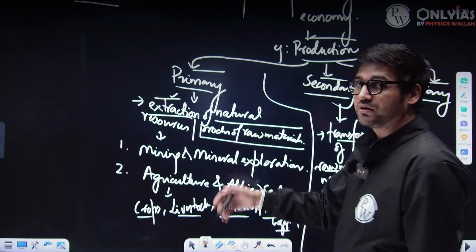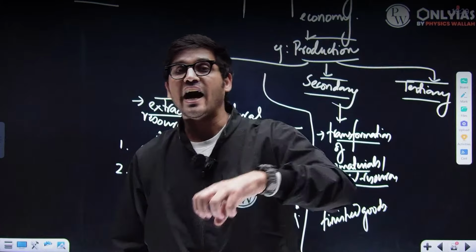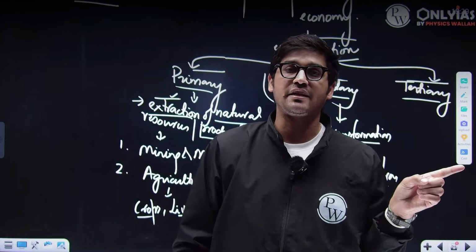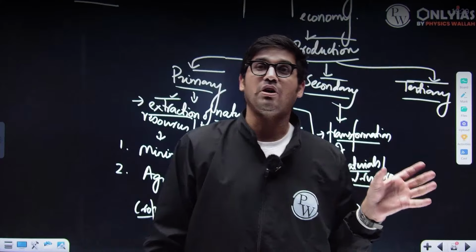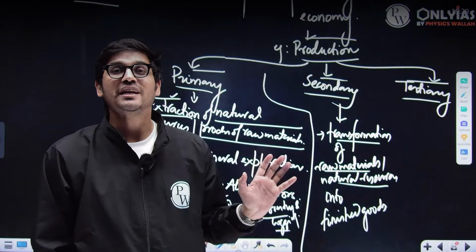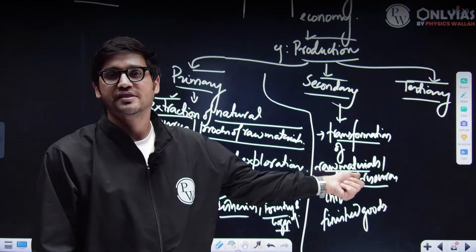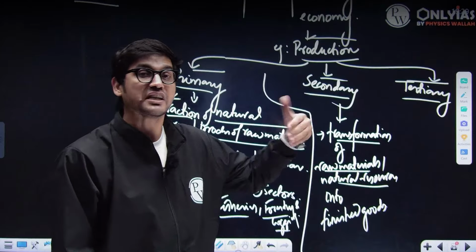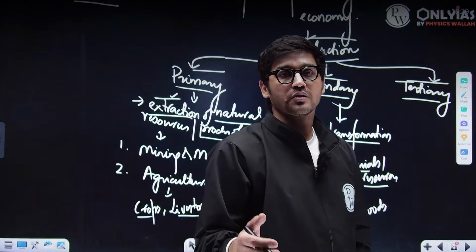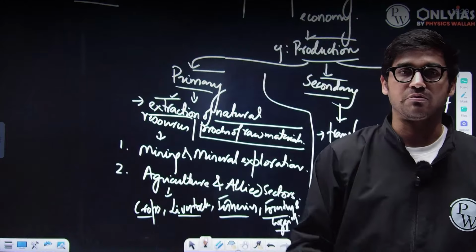For example, extraction of iron ore will be a primary sector activity. But from iron ore, somebody is creating iron, somebody is creating steel. That will be a secondary sector activity because we are transforming our natural resources into finished items.